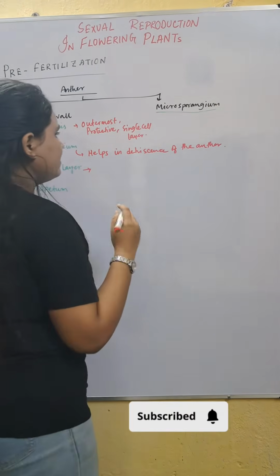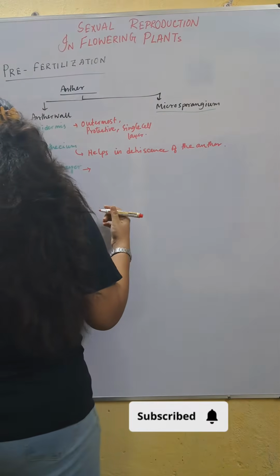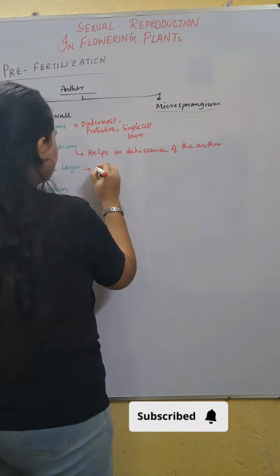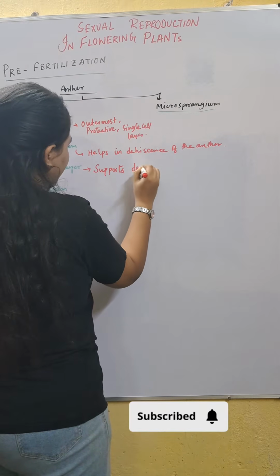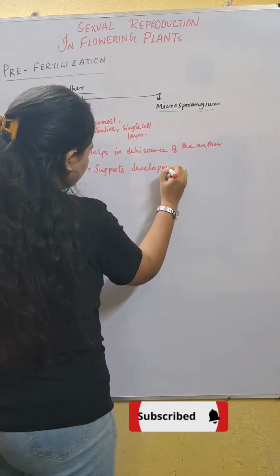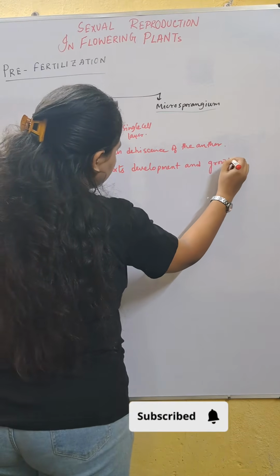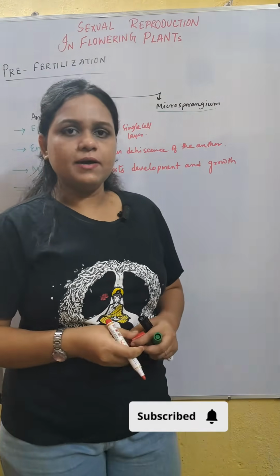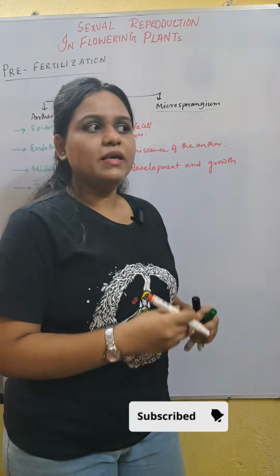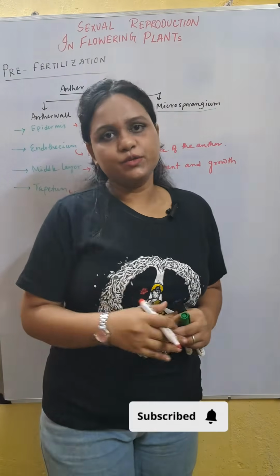The middle layer is another protective layer. It doesn't have any specific function, and it supports development and growth. Now, the most important layer is the tapetum. It is more important than protection, it provides nourishment.